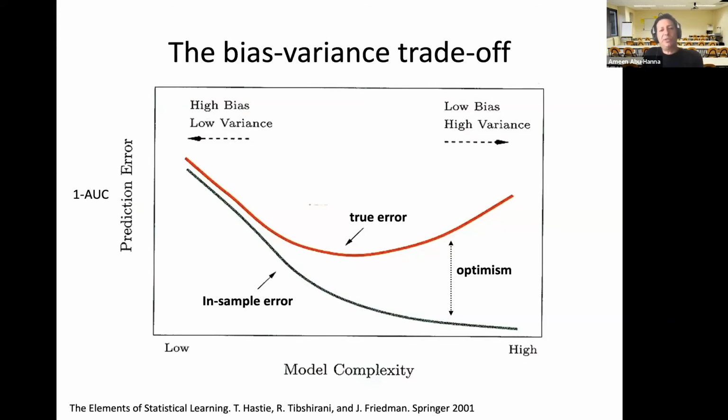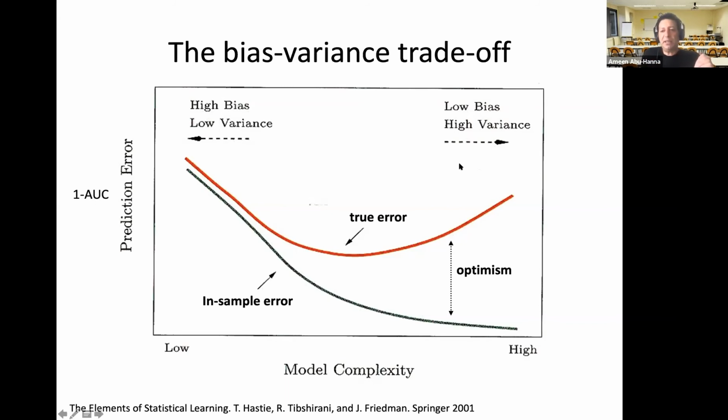The model is too simplistic, but the good thing about it is that if you get a training set and you fit it again, you get about the same results. So your variance is low. One day you give me an answer, the next day you will still lie to me a little bit, but it's about the same estimate. You're not going from one answer to a completely different one.